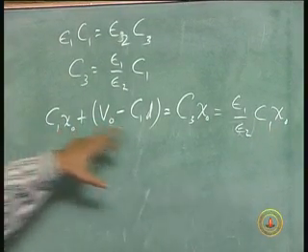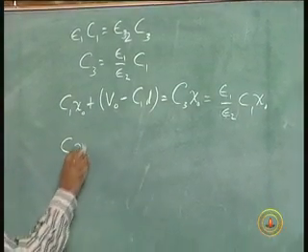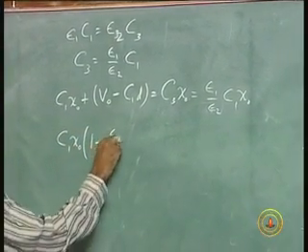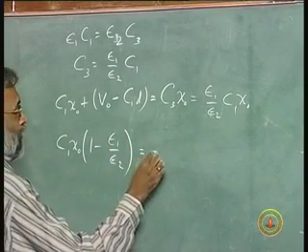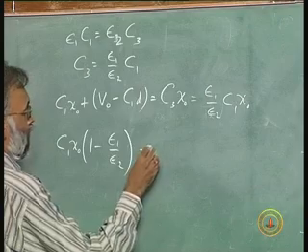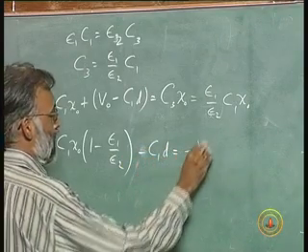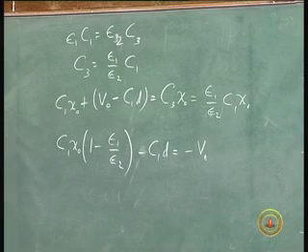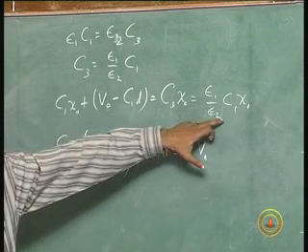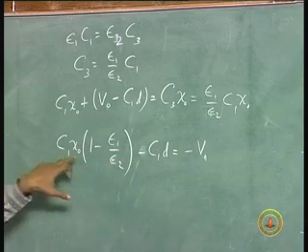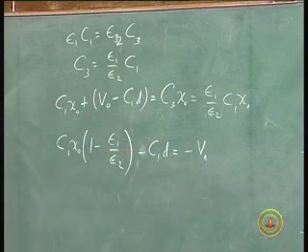So now I have only one unknown and I have one equation. Let me combine the two. C1 x naught times 1 minus epsilon 1 over epsilon 2, minus C1 d, is equal to minus V naught.